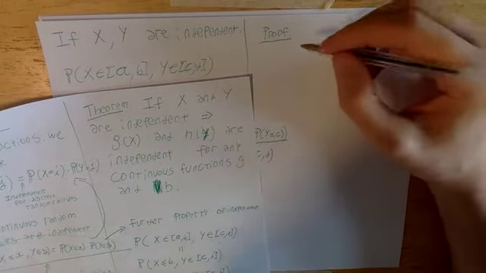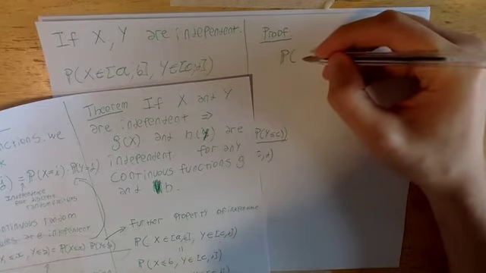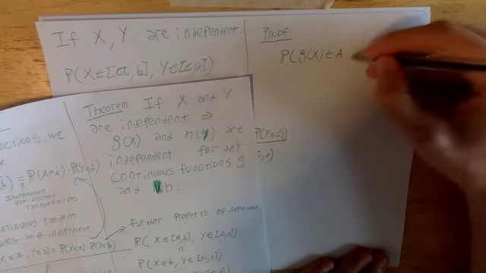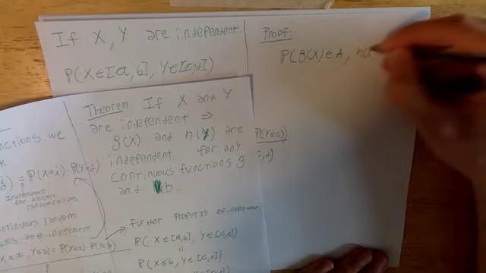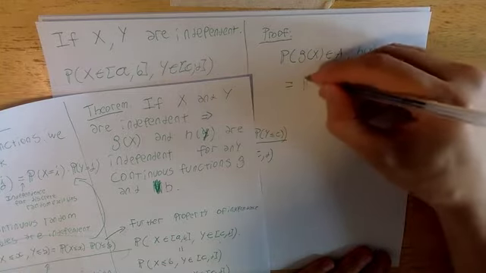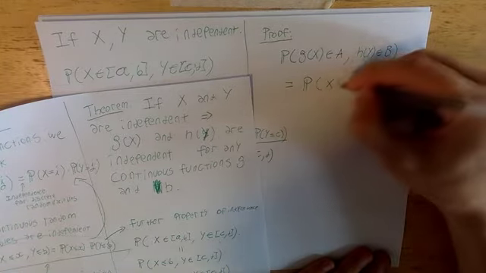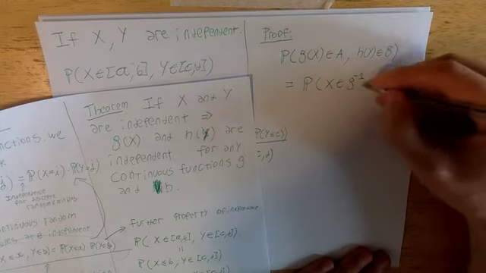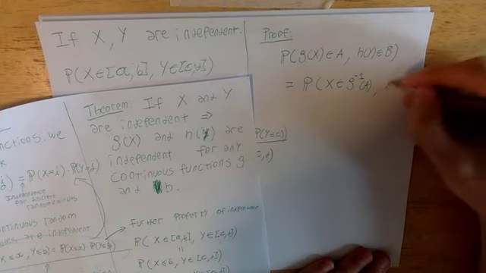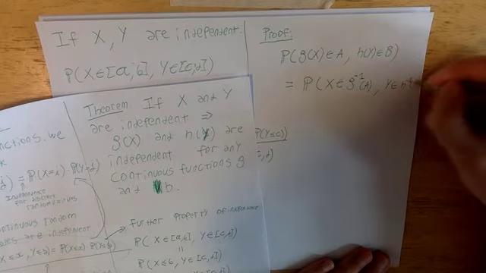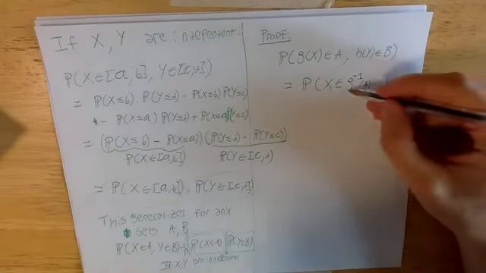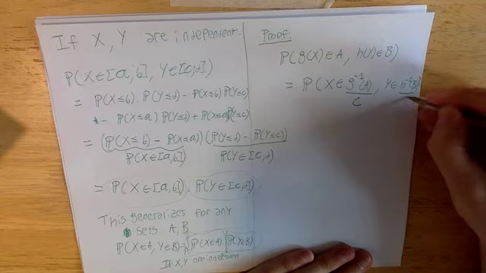We now need to look at the probability that G of X is in a set A, comma, H of Y is in a set B. This is equal to the probability that X is in the set which is the inverse in terms of sets, G inverse of A, comma, Y in H inverse of B. Now the point is that this is a new set. This is a set C. This is a set D.